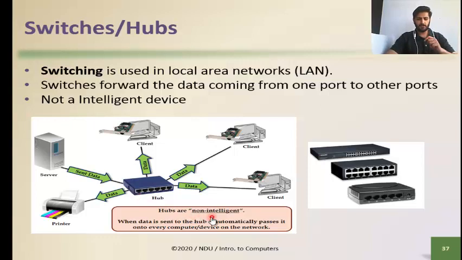Look at this, it's a non-intelligent device as compared to the routers, because a router sends the data packet towards a directed path by calculating the distances, but here it's not sending the data towards a targeted system. It just broadcasts the data towards all of its clients. So it's not an intelligent device, but we use this device at local area scales.